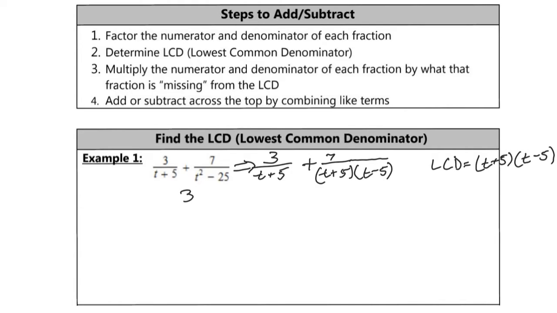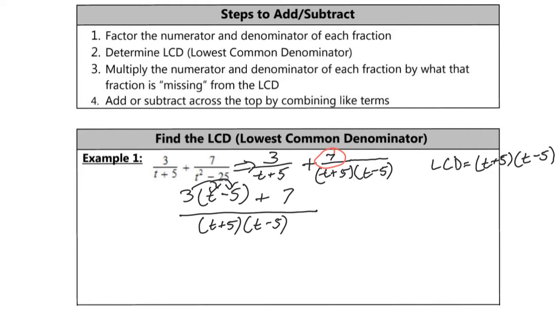So what we need to do is multiply the numerator and denominator by t minus 5. So we get 3 times t minus 5. And then what I'm going to do is make this one fraction now that we have the LCD. So we have t plus 5 and t minus 5 as our denominator. And now I'm going to add the 7 from our original numerator. Now we just have to distribute the 3 to the t and the minus 5.